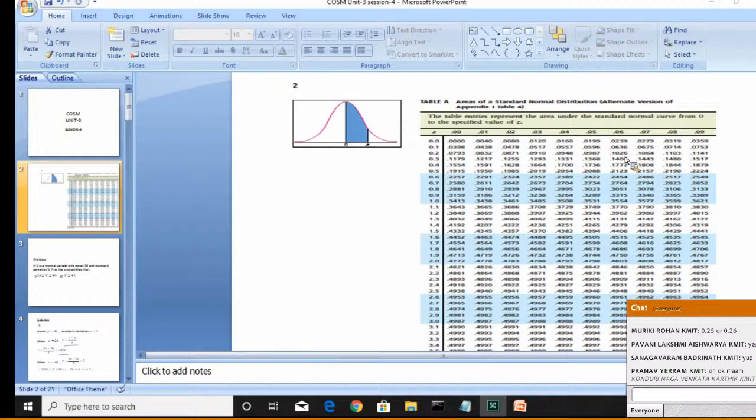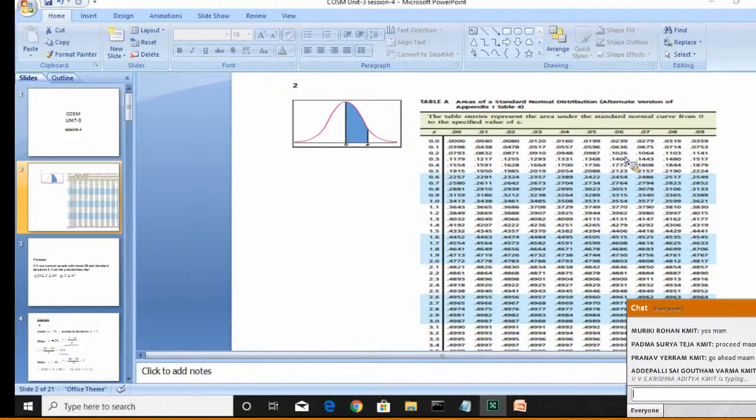Once you are clear with the table, I will go back and take the slide where I have stopped. Can I proceed or not, you tell me. Okay, I can proceed. All of you, or at least a few of you write, then only I can see. It's 1 or 2 students.